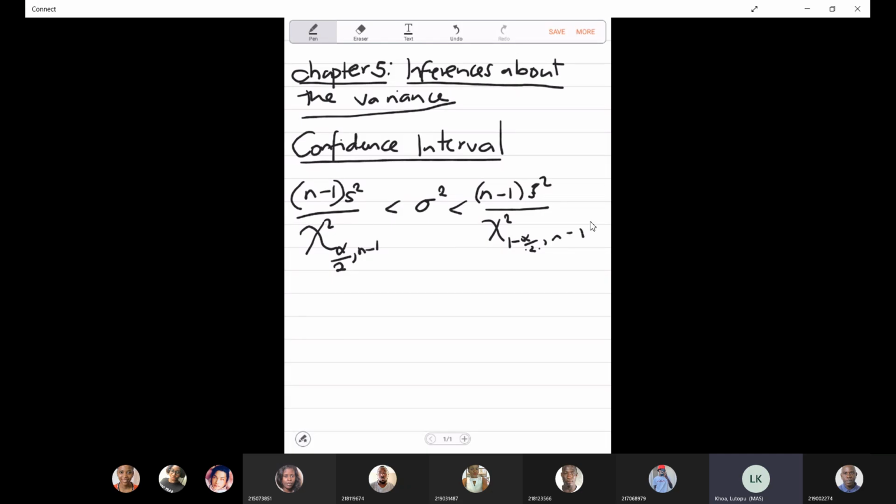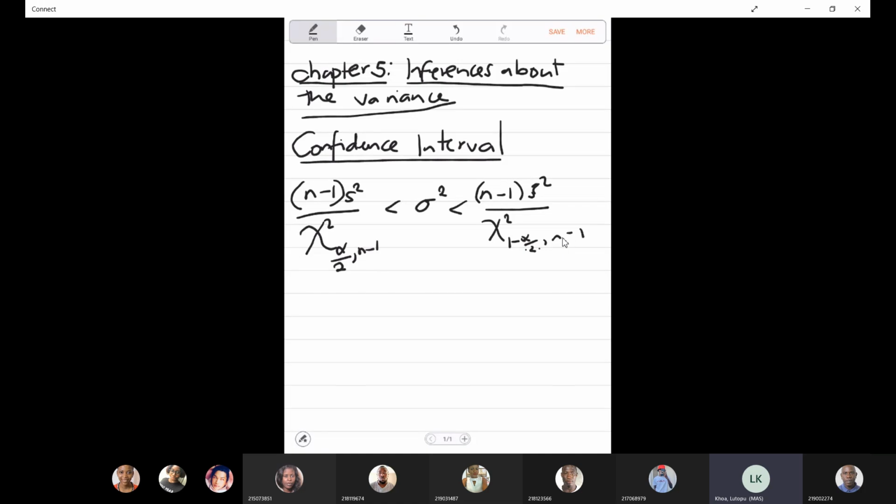Okay, so with the mean and the proportion, we used Z or the T. Now here, instead of Z, we use what is called the chi-square. The chi-square is another distribution that we make use of. The only difference is in the way that it looks, but everything else we do with the chi-square will be pretty much the same as what we did with the Z and the T, and we already know how to work with the degrees of freedom.